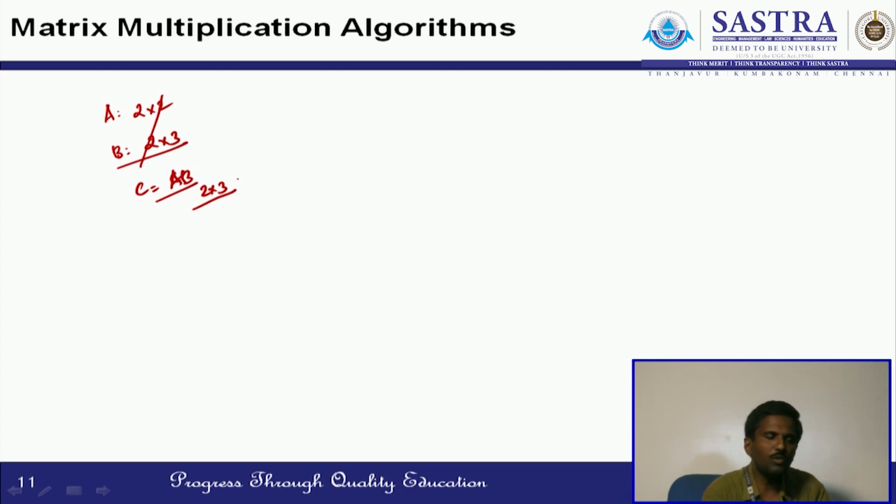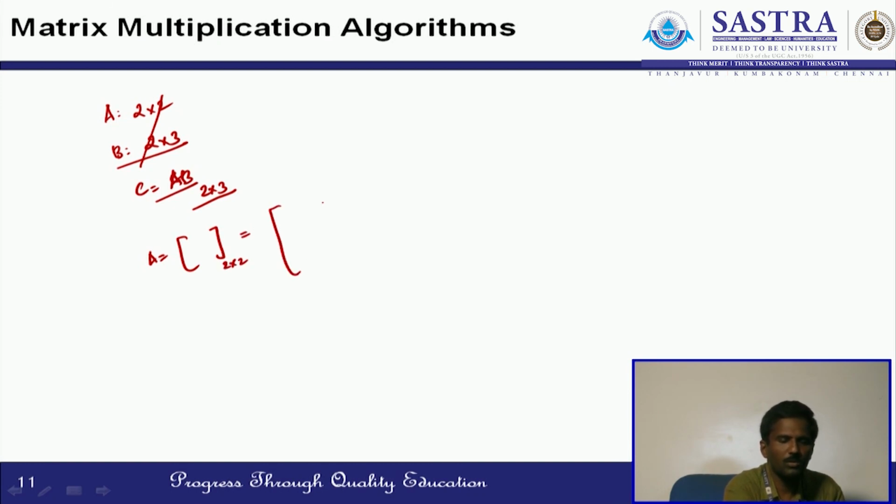We need to convert the matrix A from 2 by 2 into the equivalent or nearest matrix of order 2 power n into 2 power n, such that both matrices A and B are converted to the same order 2 power n into 2 power n.